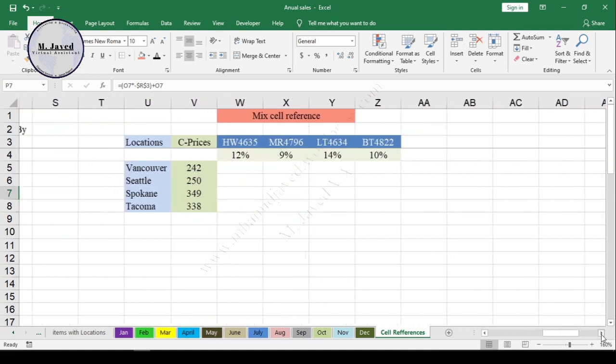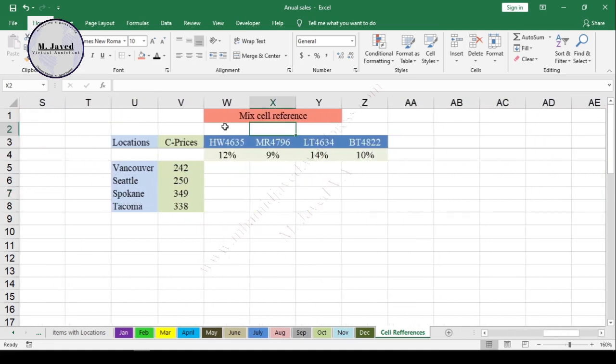Now, in the third example, which is mixed references, I have locations, current prices, and products. Here you can see that these products are being sold in Vancouver at $242 and at $250 in Seattle, and so on.